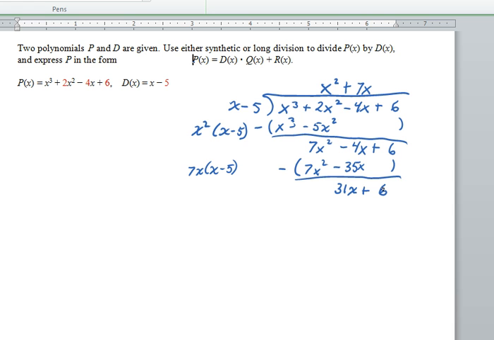Now we take the 31x, divide it by x, the leading term in the divisor. We get plus 31. 31 times x minus 5 will give us 31x minus 155.